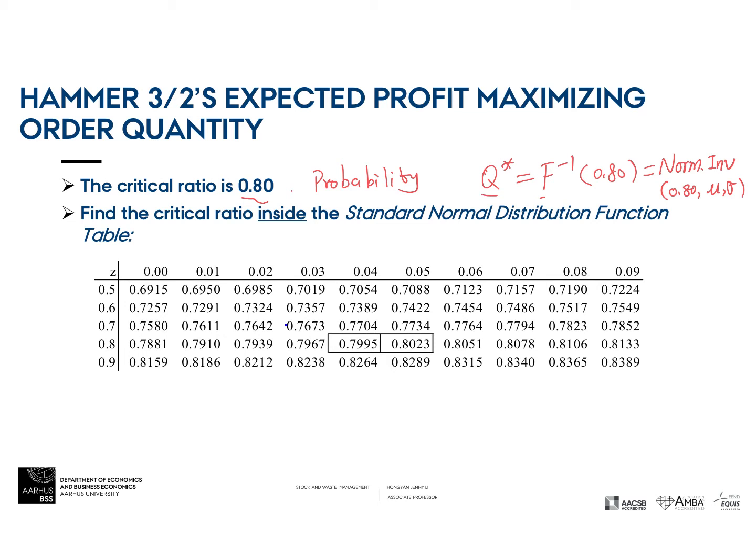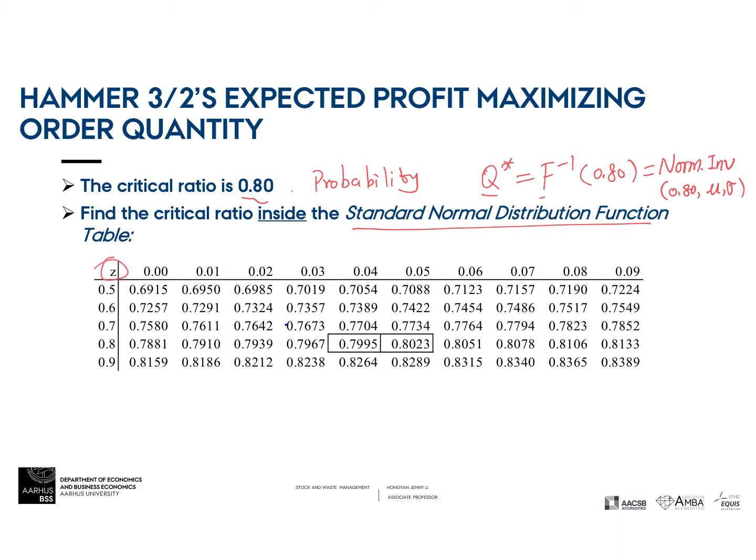But in the textbook, in order to introduce the concept of lost sales and leftover inventories, they used the standard normal distribution function. Here we just explain how it works.